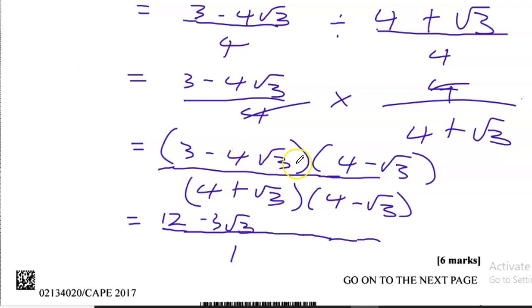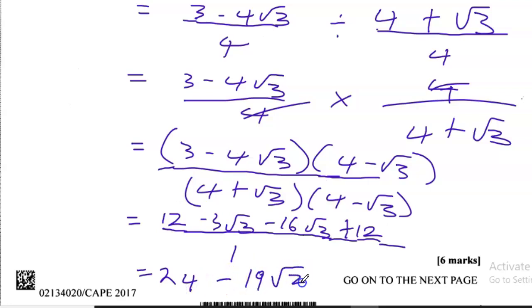And minus 4 root 3 times 4, that's minus 16 root 3. And then the final term, negative 4 root 3 times positive 4 root 3. Hmm, it'll be 4 times 3, which is positive 12. So the solution is 12 and 12, that's 24 minus 19 root 3 upon 1, which is just 24 minus 19 root 3.